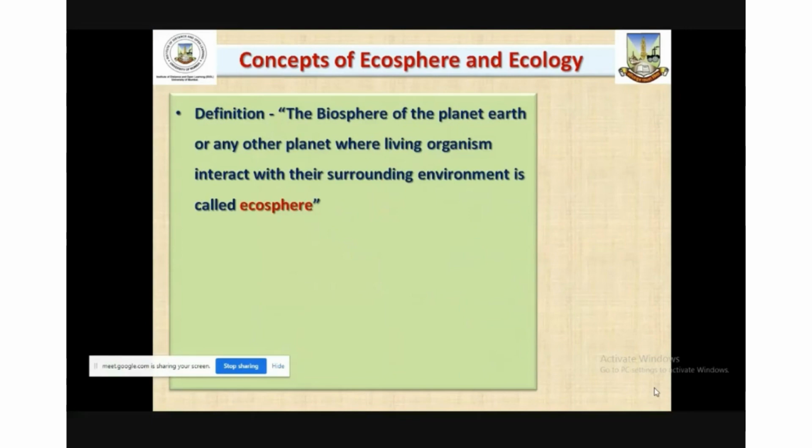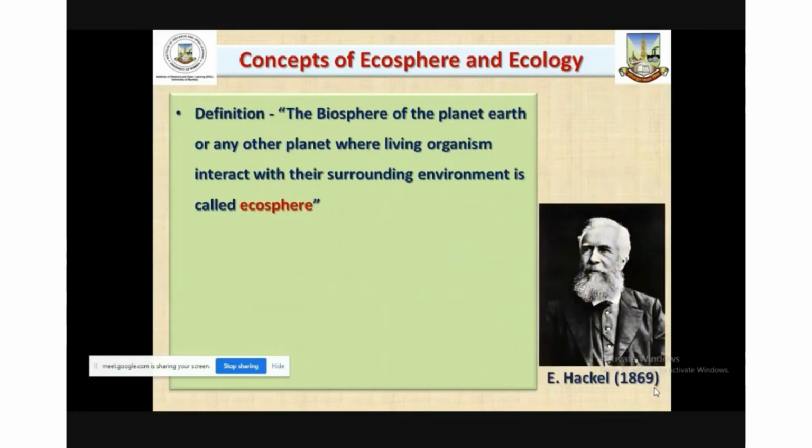The ecosphere is the part of biosphere, or rather it's the biosphere on the planet Earth, wherein all living organisms or living creatures on this planet interact with their surrounding environment, and therefore it is called ecosphere. So ecosphere includes the biosphere of the planet Earth or any other planet for that instance, where living organisms interact with their surrounding environment continuously, which is called ecosphere.